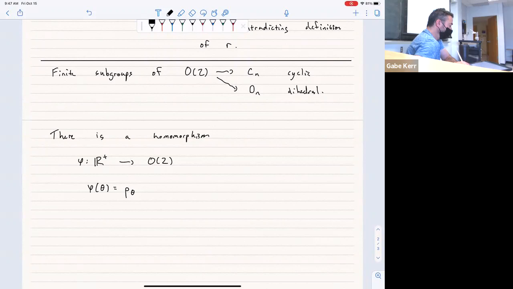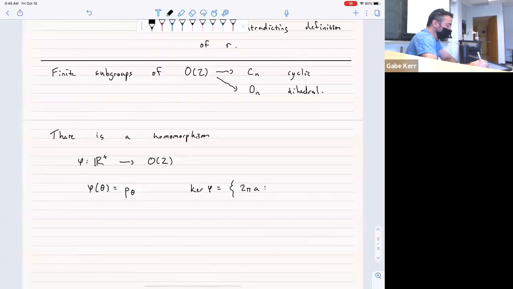Now, what is the kernel, by the way? Remember what a kernel is? 2 pi times n, right? I'll just say 2 pi times a.